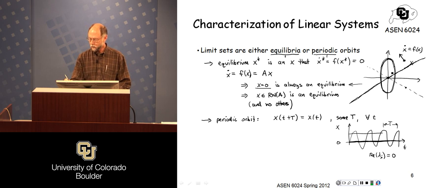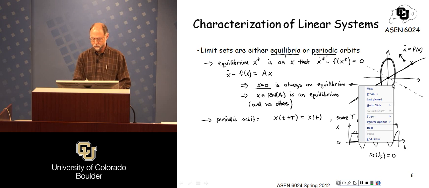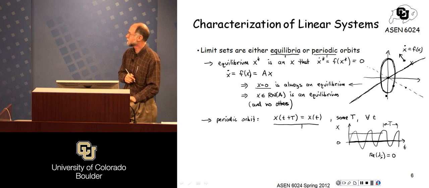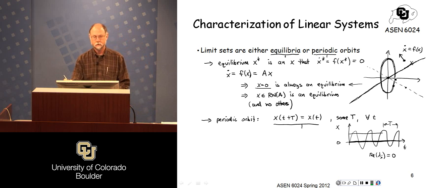So if I started somewhere on here, cap T time later, I'm going to come back to the same point to satisfy this condition here. And I stay on this orbit for all time, right? Just oscillating around on that orbit. Okay? So there are no equilibria on that orbit, because there's no place on that orbit that if I start there, I stay there. Okay?